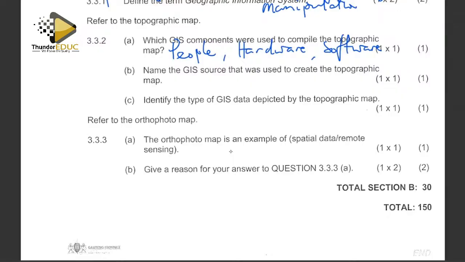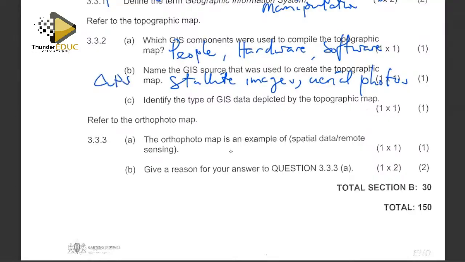Name the GIS source that was used to create the topographic map. They can use satellite imagery, or we can talk of aerial photographs, or also we can talk of the GPS, geographical positioning systems, or we can also look at existing maps.